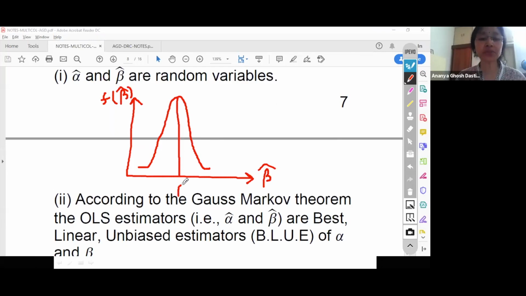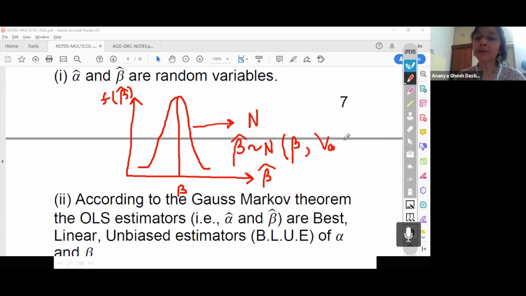Pardon my bad drawing, but this is a normal distribution. So the distribution of beta hat is normal, where the mean of the distribution is beta. Now, because beta hat is a random variable, it will also have some variance.